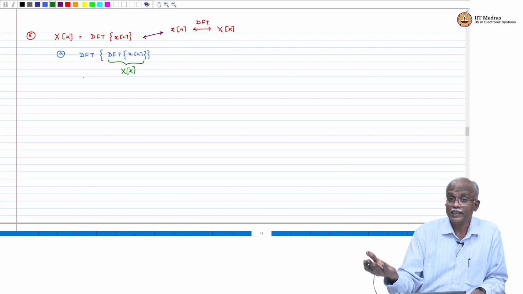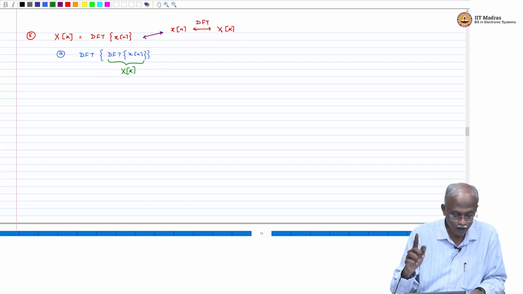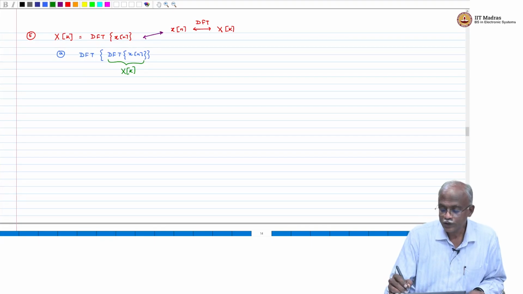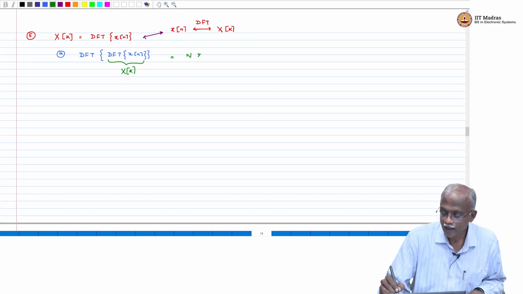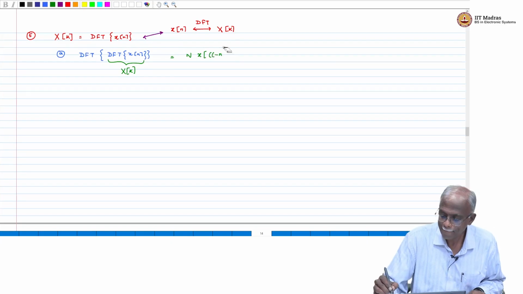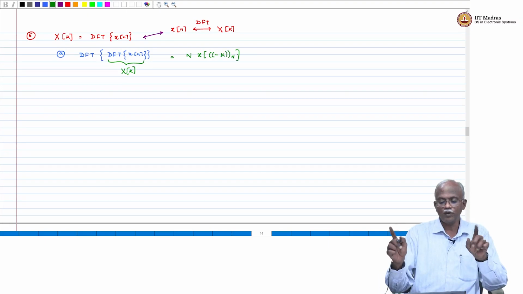When you take the DFT a second time, remember the property of duality. So what this will produce for us will be N times x of minus k modulo N, by the principle of duality.